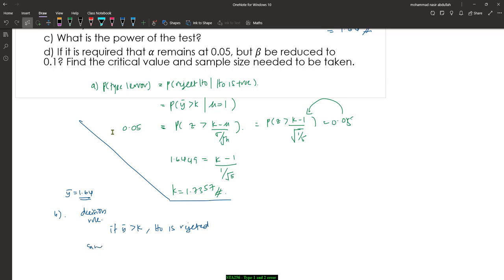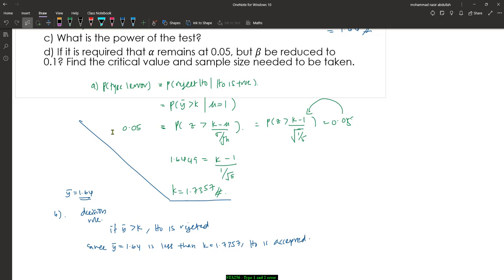So since y bar is equal to 1.64, less than k equal to 1.7357, null hypothesis is accepted lah, right?